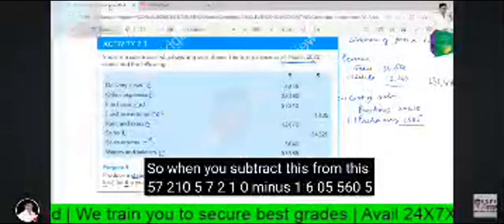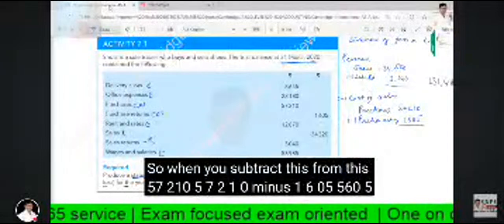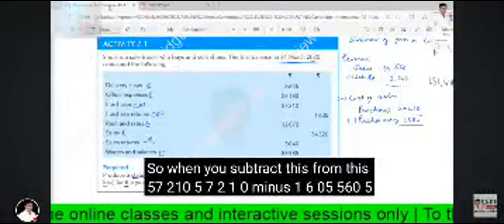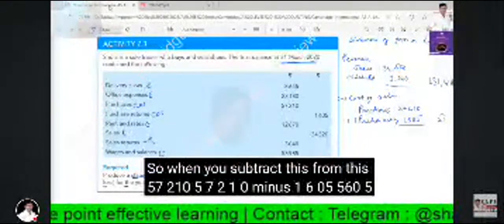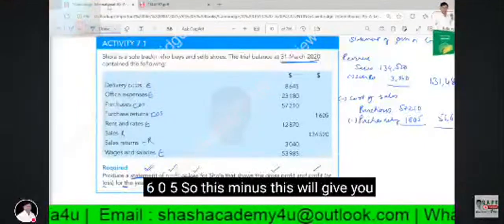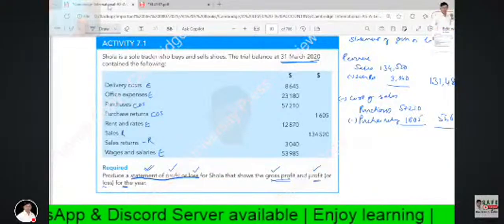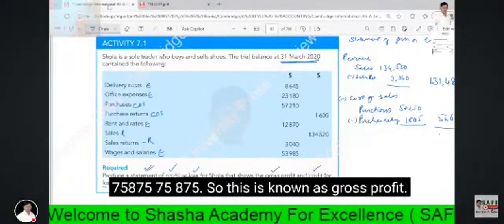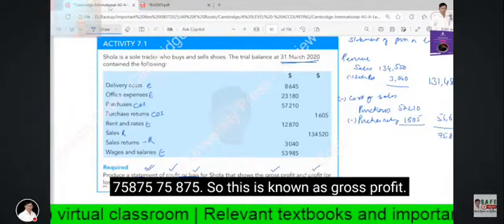When you subtract this from this, 57205 minus 5560, this minus this will give you 75875. This is known as gross profit.